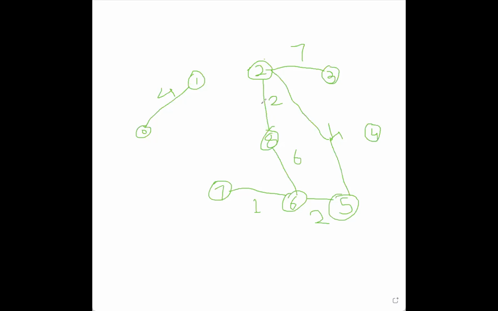Then now which vertices are there which are not connected? These are there, 0 to 1 and 4. Okay, all these are connected here: 2, 5, 8 and 6.